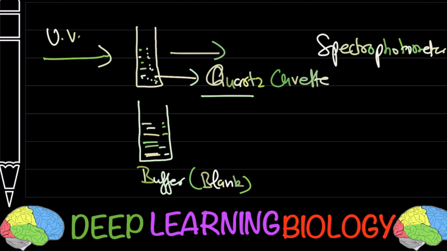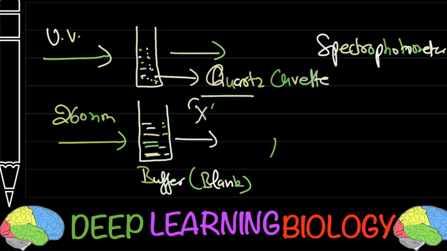Now the UV light, generally we are going to use, and the wavelength is 260 nanometer. Light will pass through the buffer. Let's suppose it is going to absorb X amount of light.